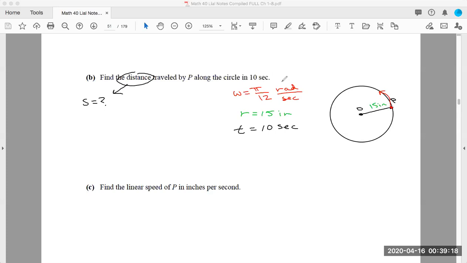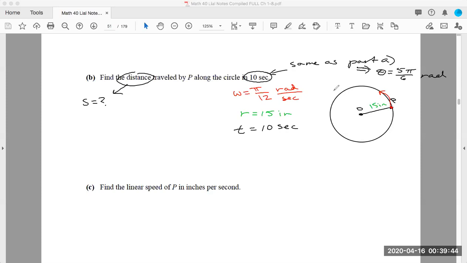We have the time, same as in part A, which means theta is still going to be the same.